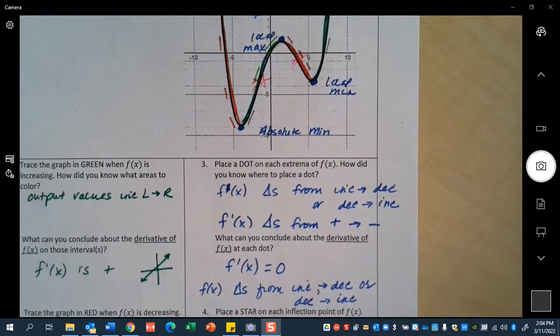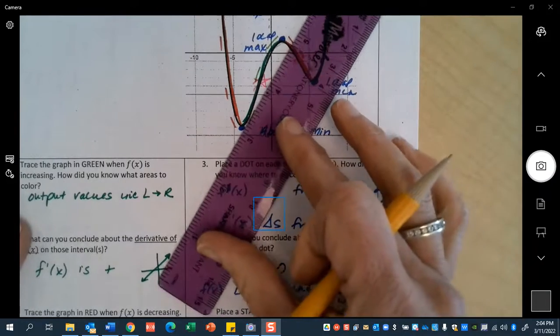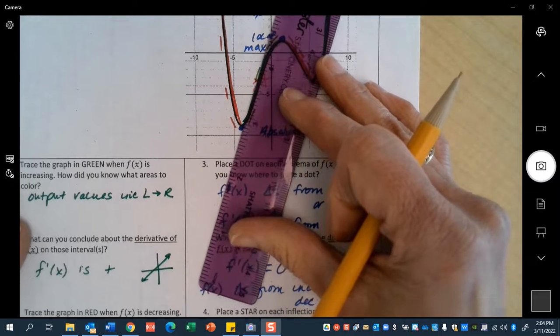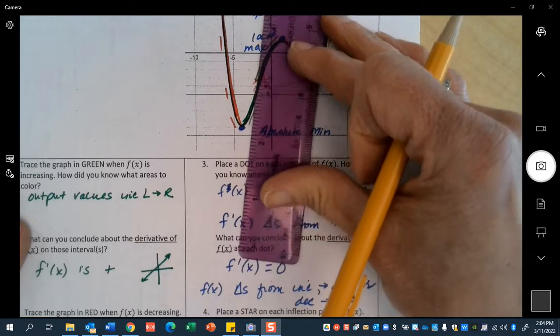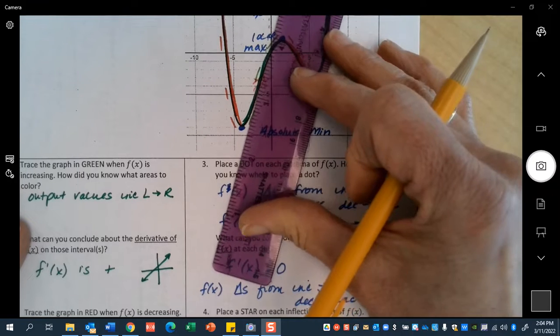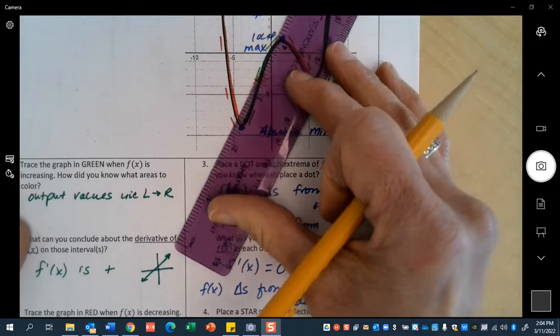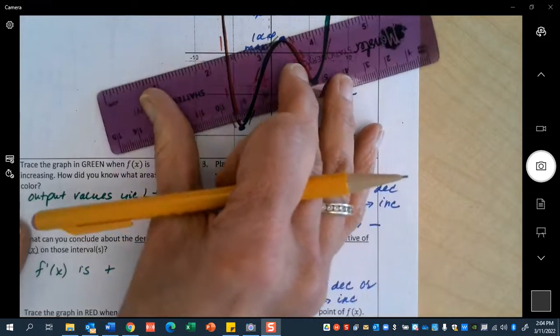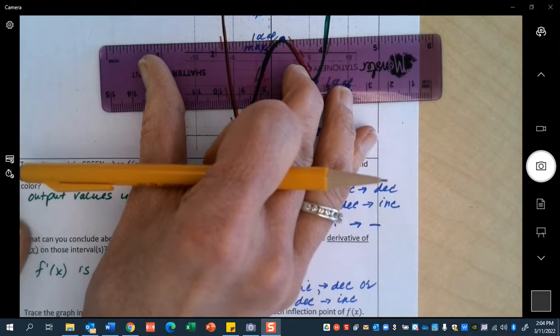My slope of my tangent line is getting bigger, bigger, bigger, and instead of continuing to grow, it's still positive, but it changes from increasing to decreasing all the way to where it hits 0.